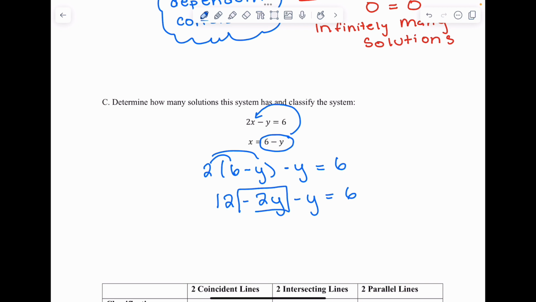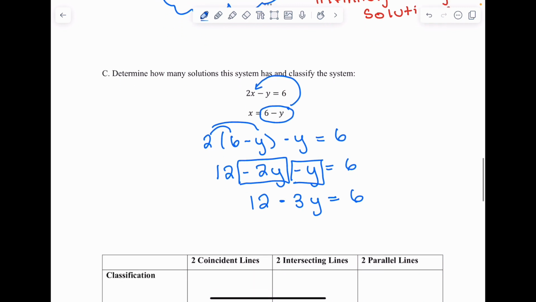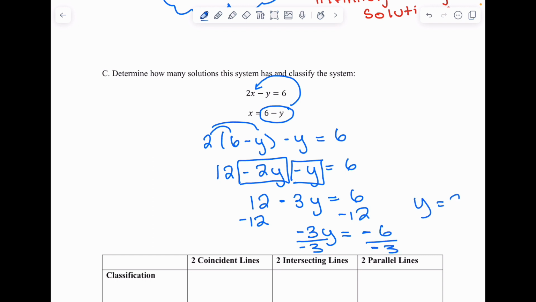I can combine like terms, where I get 12 minus 3y equals 6. I'll subtract 12 to either side to get -3y equals -6. And if I divide by -3 to both sides, I get that y is equal to 2.